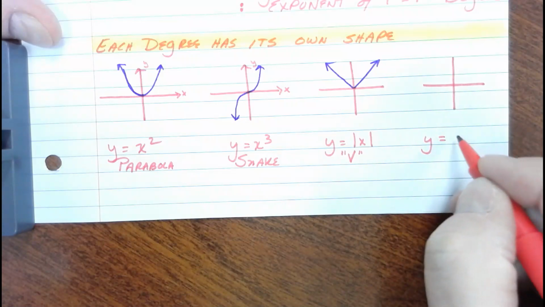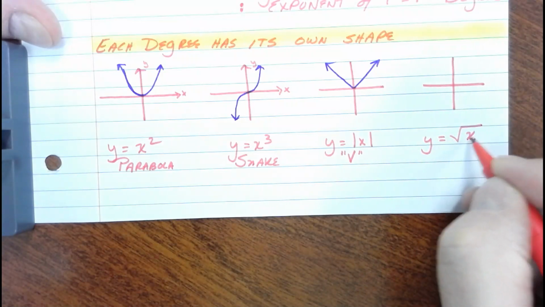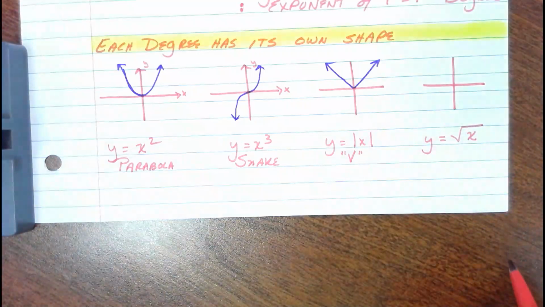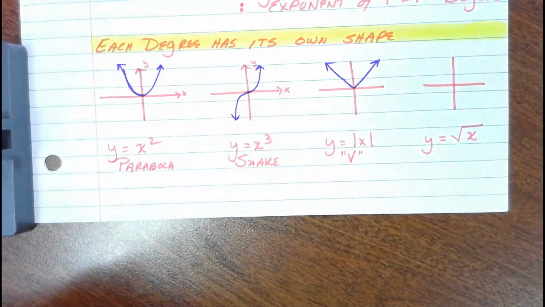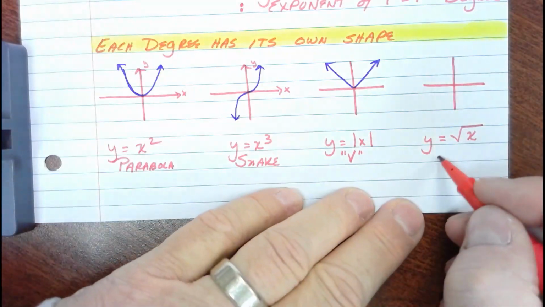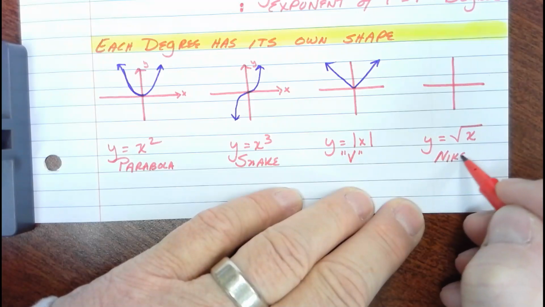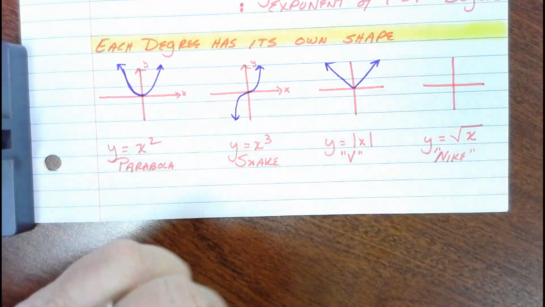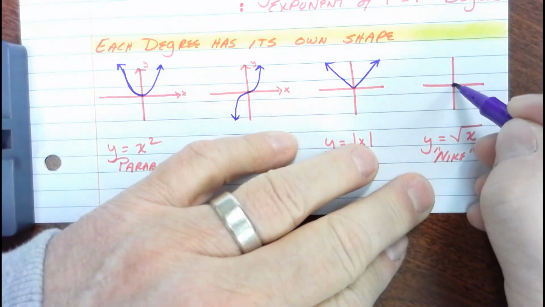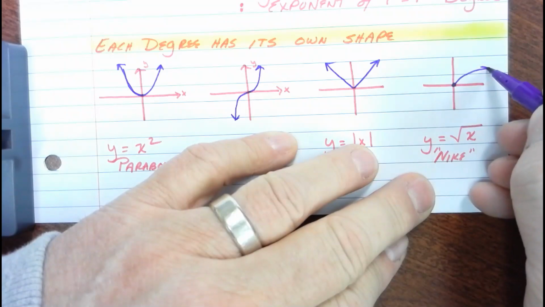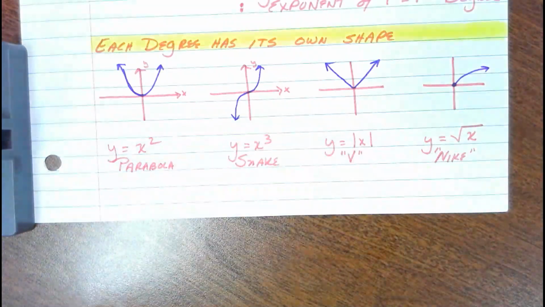And y equals the square root of x. To me, it looks like the Nike symbol. It's got a little bit of a swoosh to it, an upside down swoosh, maybe.